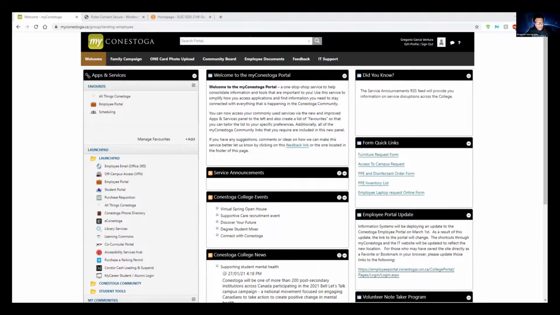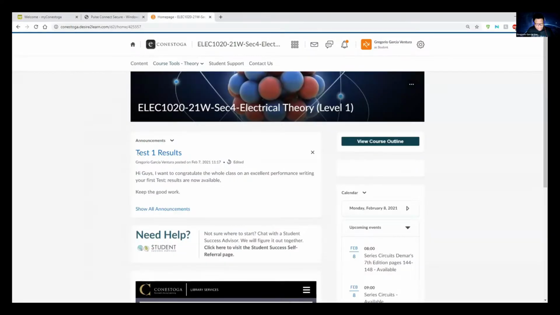As you can see by the instructional plan, the next test is going to be worth 25%. So you have to make sure that you can commit enough time this week in order to be prepared to write your test next Friday.